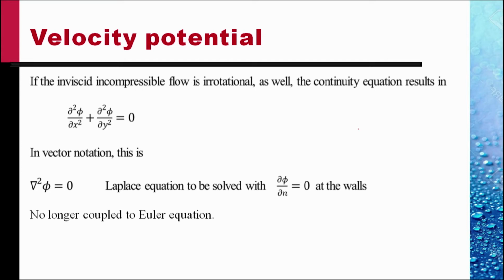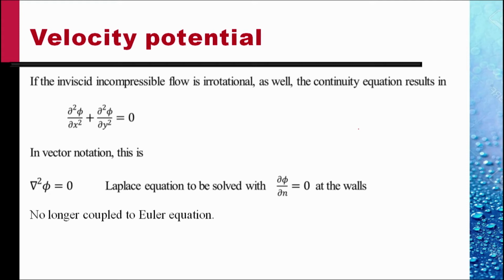If the inviscid incompressible flow is irrotational, the continuity equation above results in del square phi by del x square plus del square phi by del y square is equal to 0. This is obtained by substituting del phi by del x for u and del phi by del y for the velocity component v.